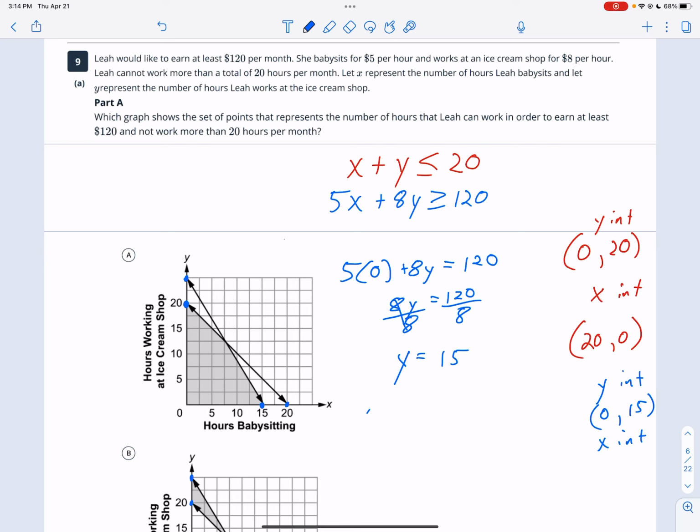And similarly, we'll do 5x plus 8 times 0, because this is our x-intercept. So we get 5x equals 120. Divide both sides by 5. X equals, all right, well, 5 goes into 12 twice with a remainder of 2. And then 5 goes into 20 4 times. So 24.